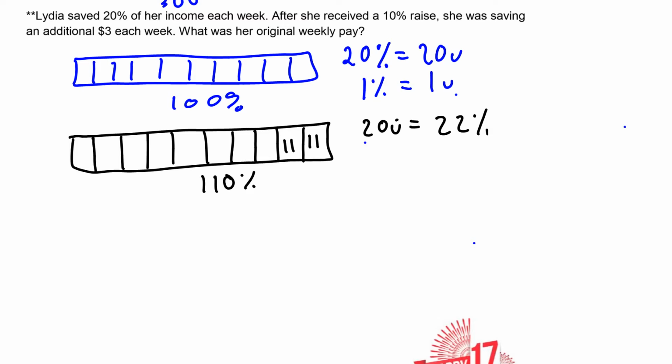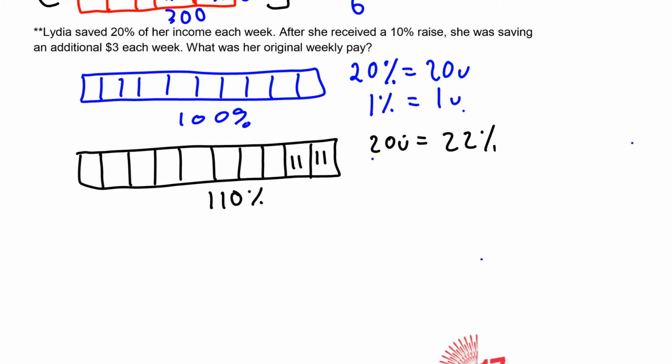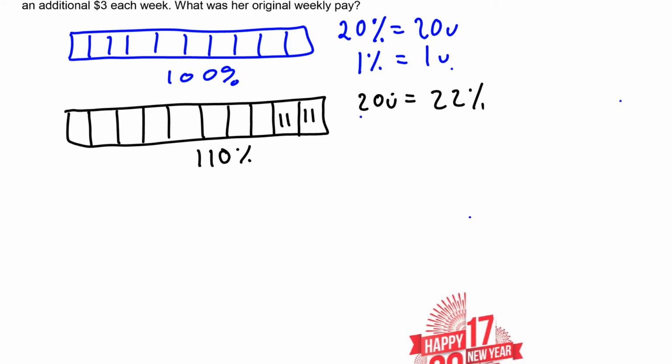So now let's look at the difference in their savings. Originally, she was saving 20%. But now she's saving 22%. Okay, 22% total, because we just found out that 20% of 110% is actually worth 22%.